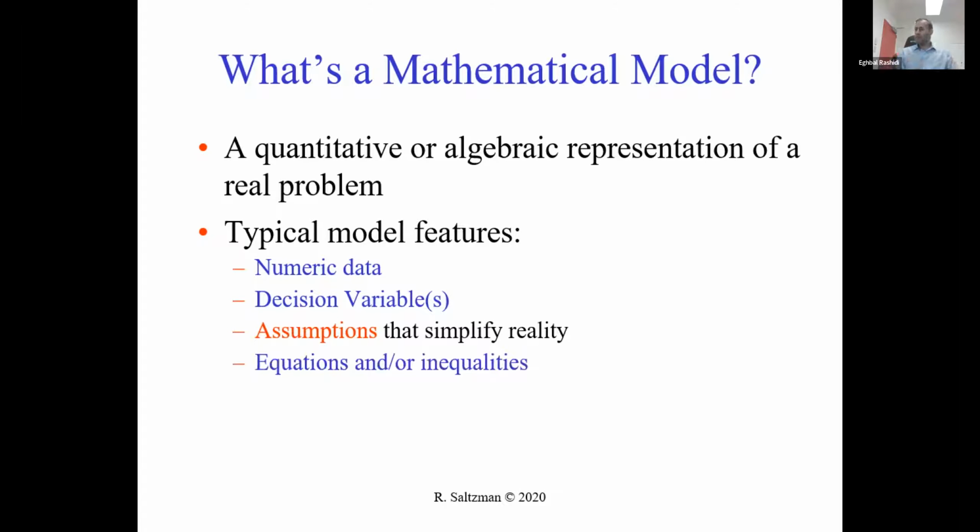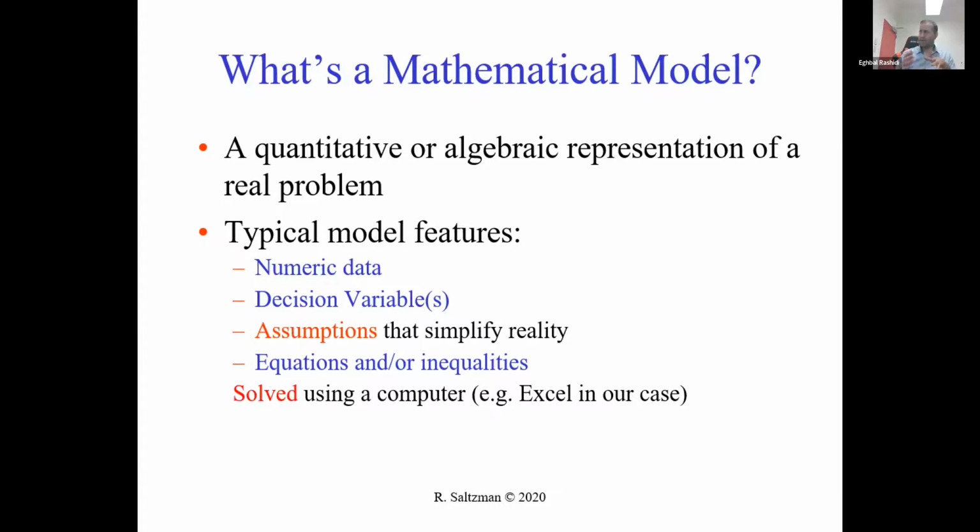And when you build a model, you can always try to improve it and try to get rid of some of the major assumptions to make it more realistic. But ultimately, it's not really possible to have all the assumptions taken away. And also, other parts of a model are the equations or inequalities that show the dynamics of different relationships in the problem.